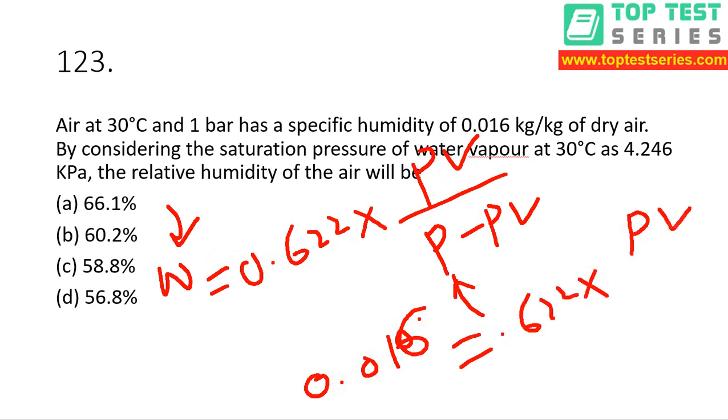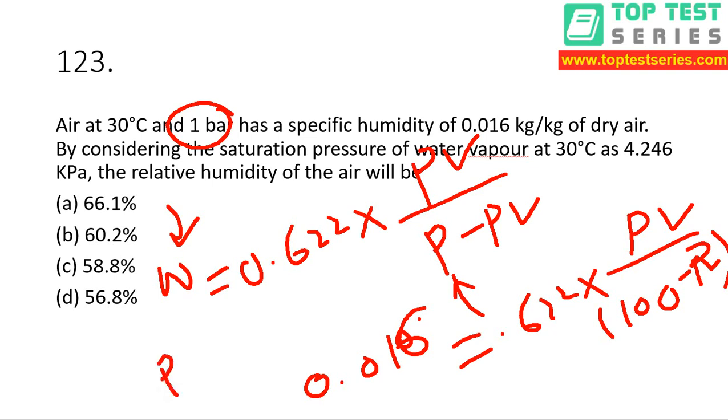We have to find PV. 1 bar means 100 kilopascal, because we have to find it in kilopascal. So my dear, we will just do cross multiplication. After doing cross multiplication, I'm solving it. You can also solve it using pen and copy. So what we are getting, my dear, PV is equal to 2.5 kilopascal. This is the value we are getting.